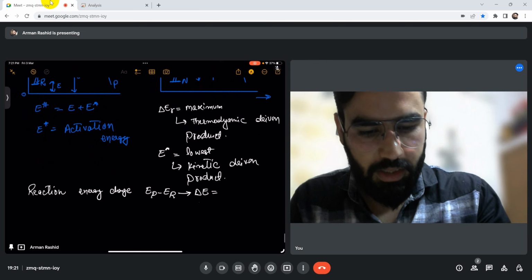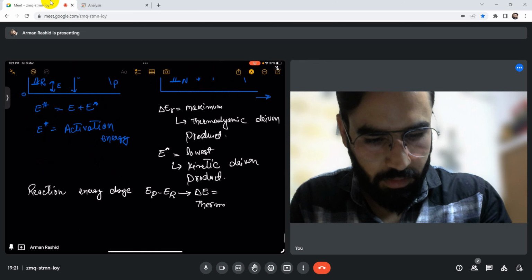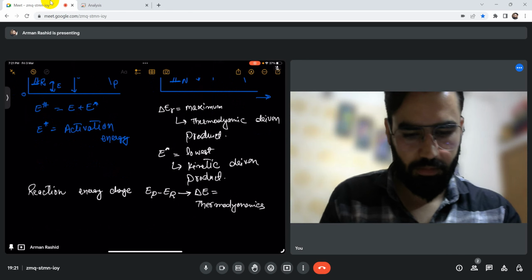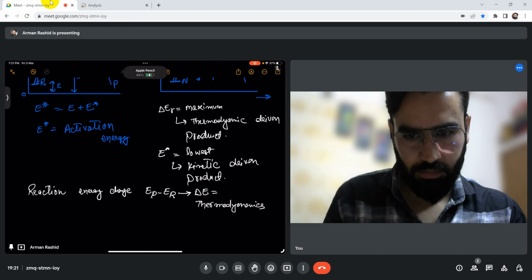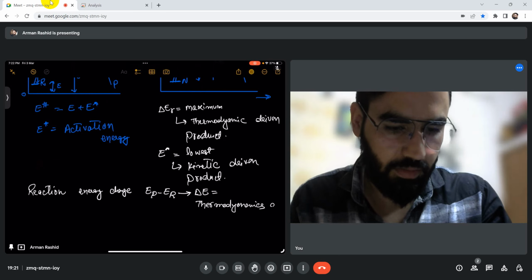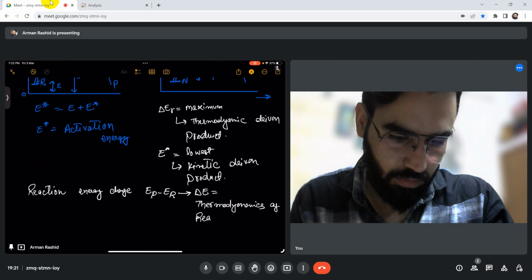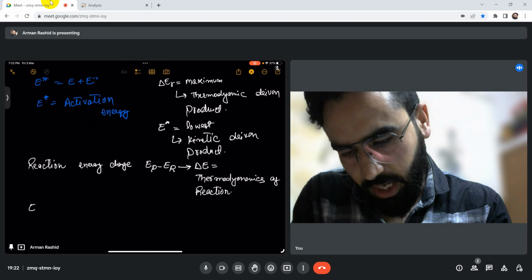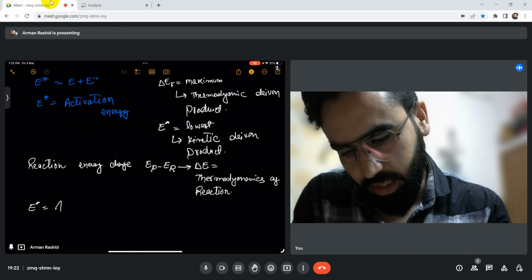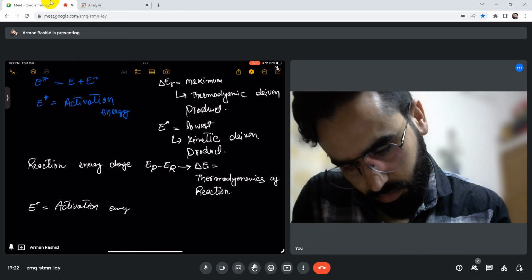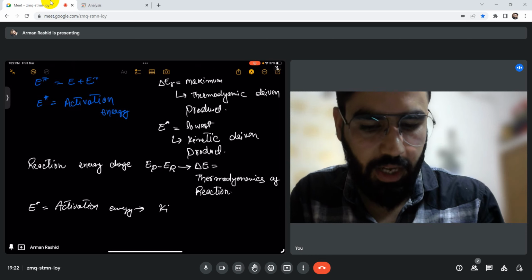It tells us about the thermodynamics of the reaction. But E star tells us the activation energy. It tells us about the kinetics of a reaction.